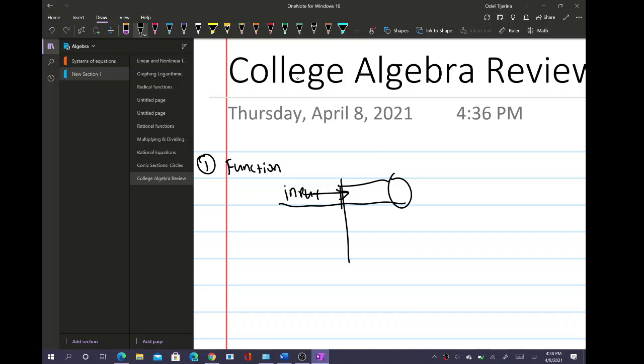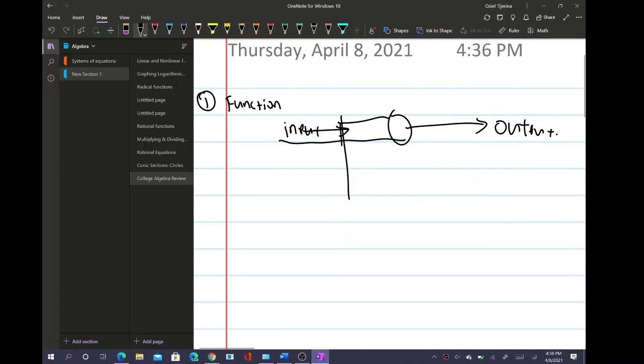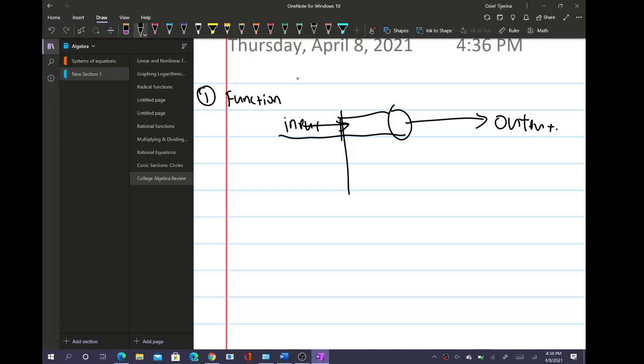You put one thing in and then you get something out. This is an output. So for example, let's say this is like a little container, right? And this is kind of how they defined it, or made this analogy.